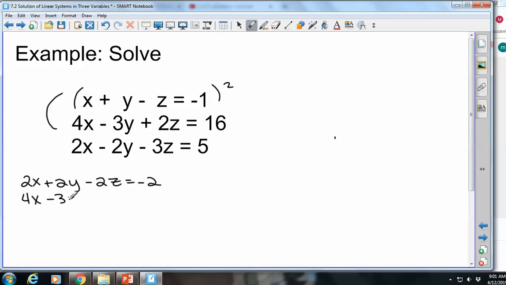And 4x minus 3y plus 2z equals 6. When I add these together, my z's drop. 2x plus 4x will be 6x minus y equals 14. Are we okay with that?